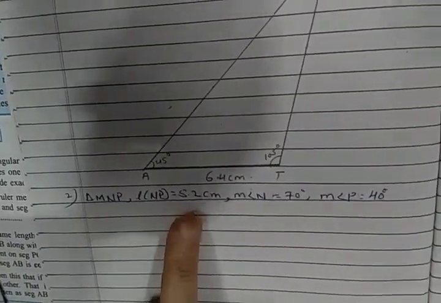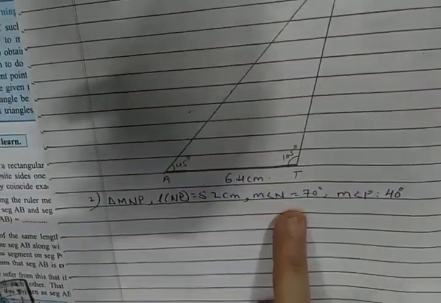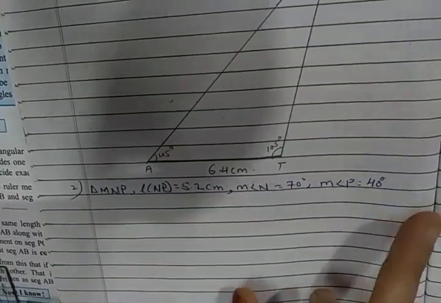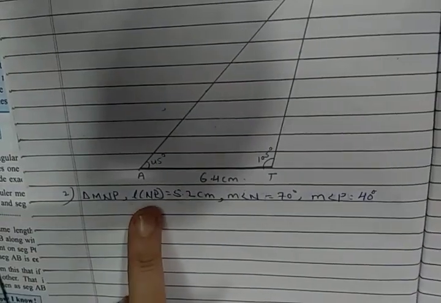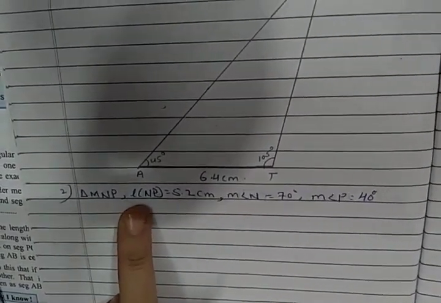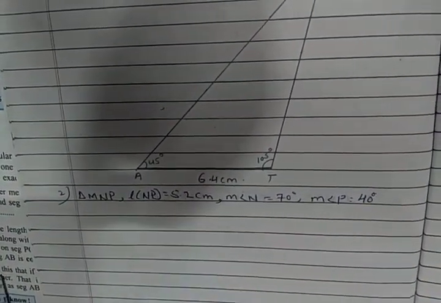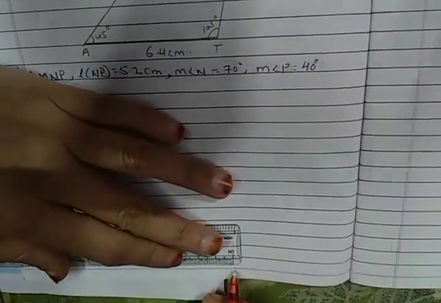Measure of angle M and P. NP is 5.2 centimeter. Measure of angle N is 70 degree and measure of angle P is 40 degree. First, what we will do? We will draw the line NP, length of NP, 5.2 centimeter line.